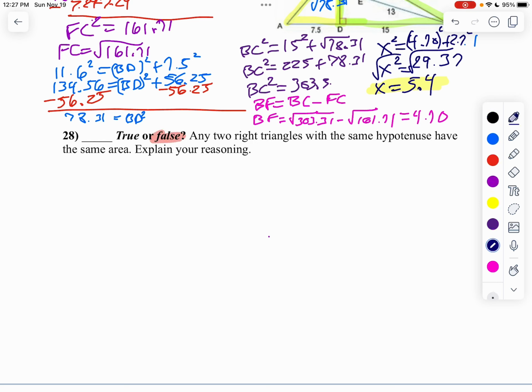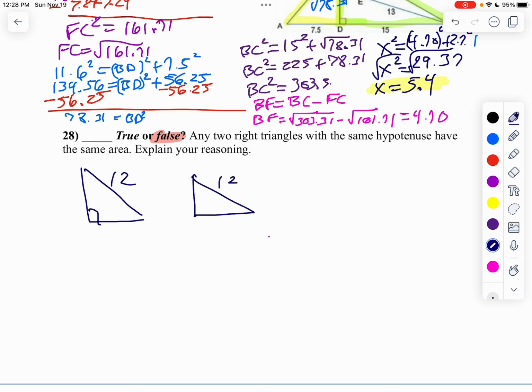Because if I've got the same hypotenuse, I could still have triangles that aren't congruent, because no one says just because it's a right triangle and you've got one hypotenuse the same, your legs could be the same.